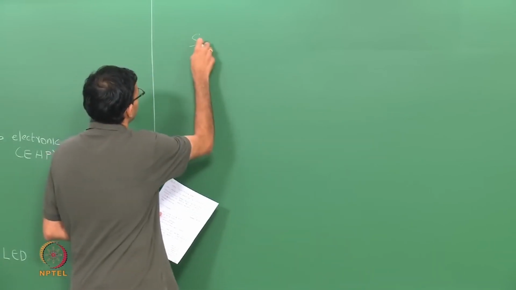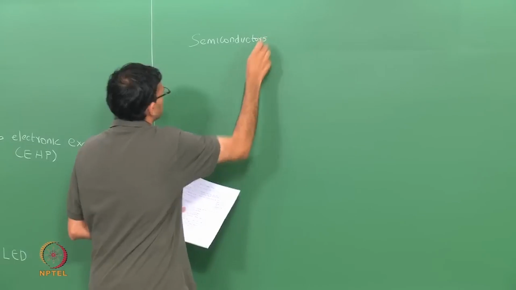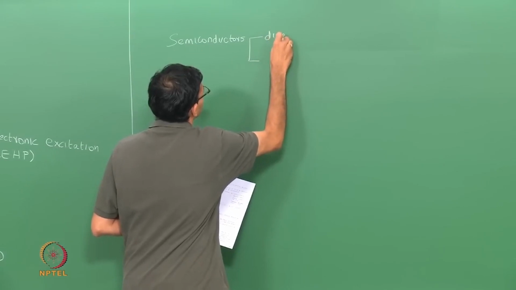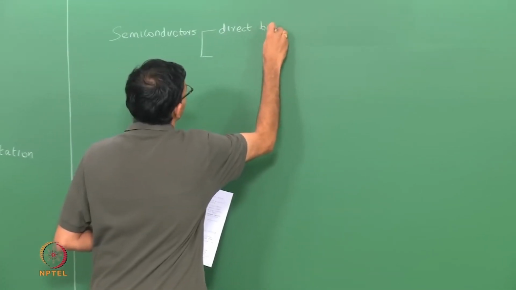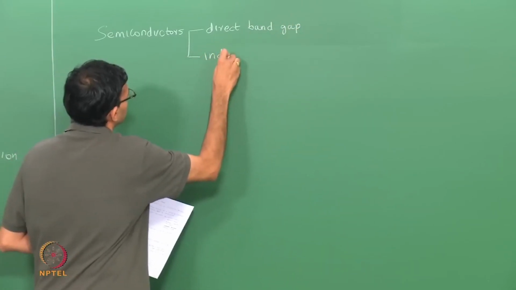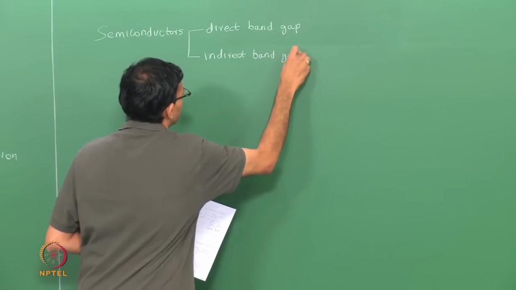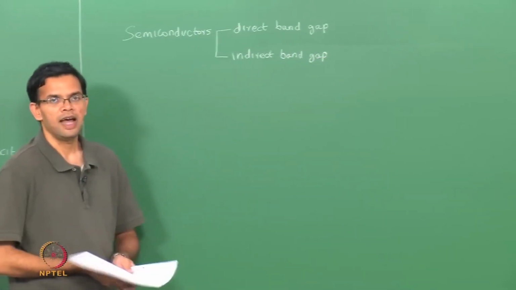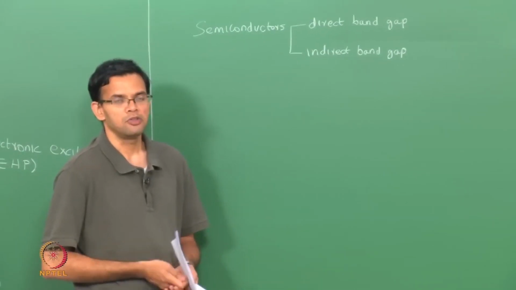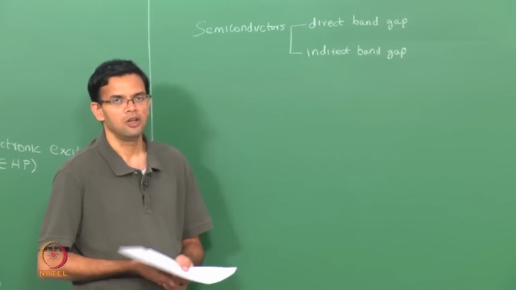So, we have seen earlier that semiconductors are essentially two types. So, you have your direct band gap and you have your indirect band gap. So, we have seen that a direct band gap semiconductor is one in which the electron hole recombination proceeds with the dominant mechanism being the release of electromagnetic radiation or photons.